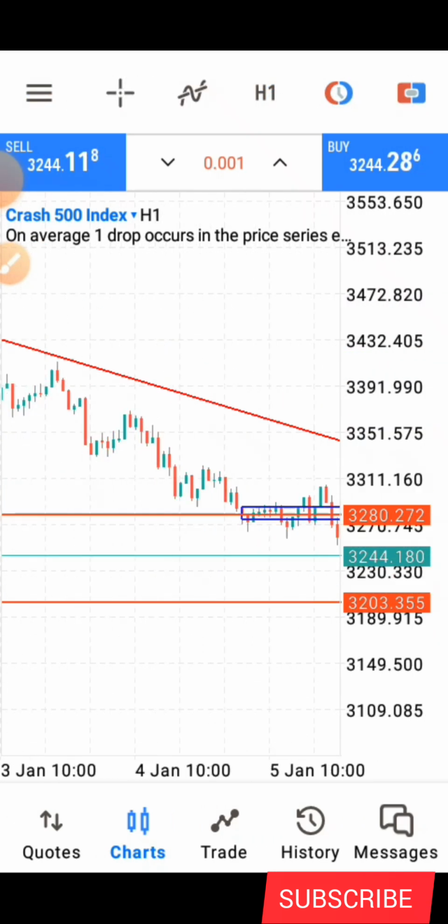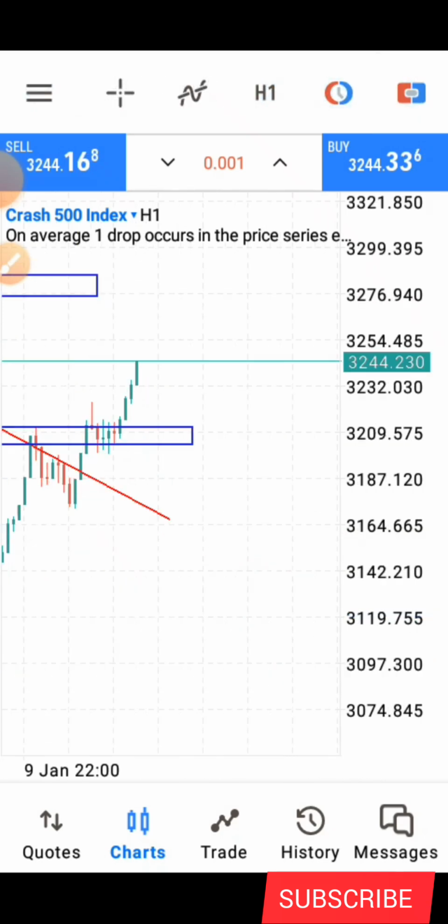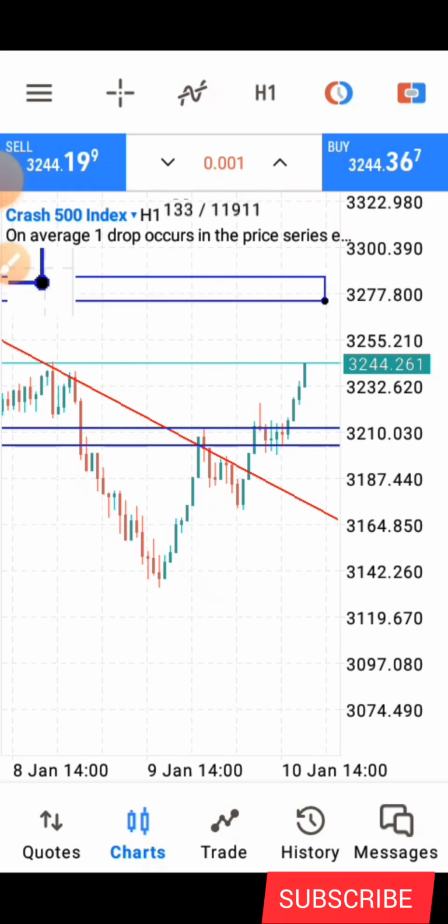So if I'm to mark out the zone properly, this is how it's going to look like, right? So I'll just delete the trend line and the horizontal lines.